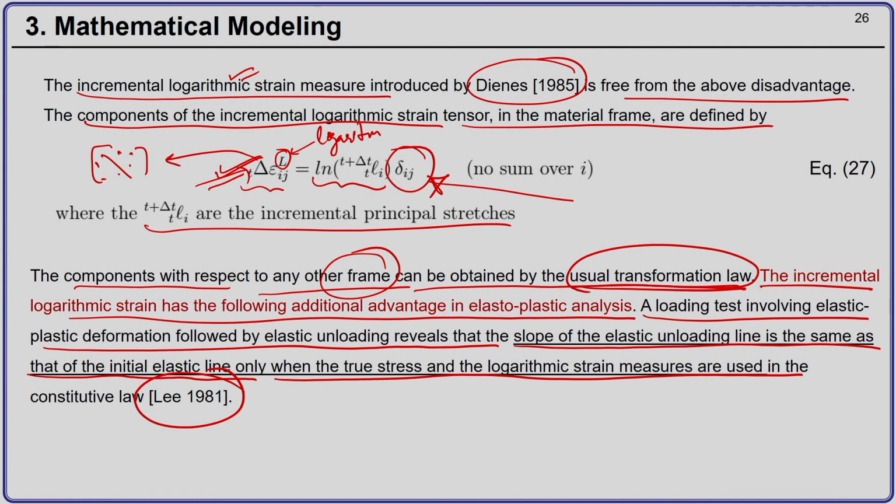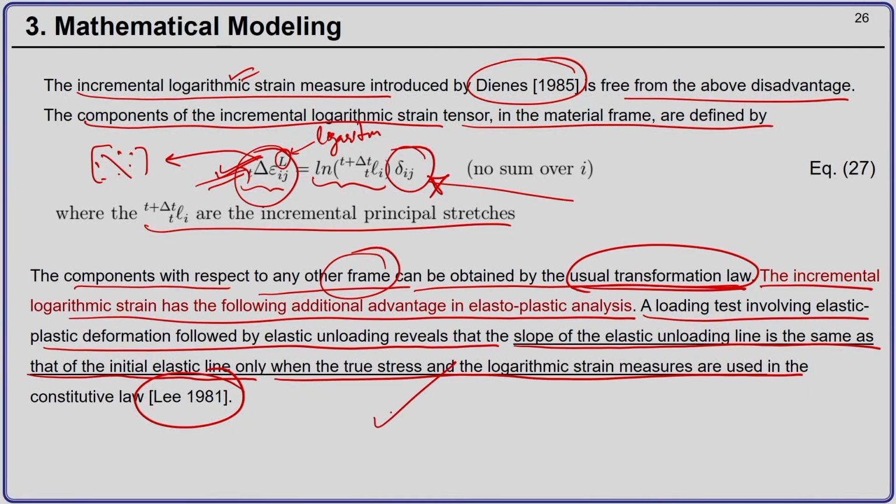So, apart from the advantage that the components of the logarithmic strain tensor approach minus infinity as the stretches go to 0, it also has the additional advantage that the slope of the elastic unloading line will be the same as the initial elastic line for the elastoplastic case, and it was shown by Lee. Okay. So, in our work which we are showing here, we will be using the incremental logarithmic strain measure as our measure of strain. Okay.